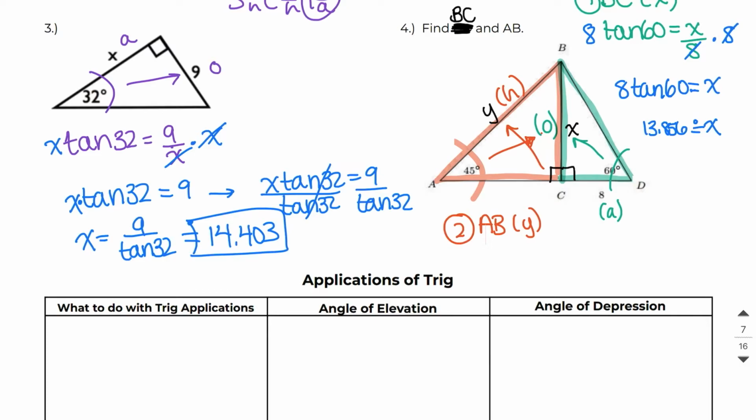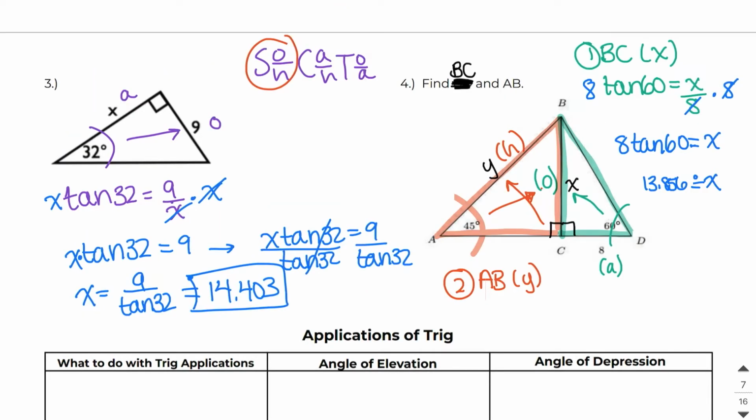Here I would use sine because sine is opposite over hypotenuse. So sine of 45 is equal to the opposite, which we now know is 13.856, over the hypotenuse, which we don't know.